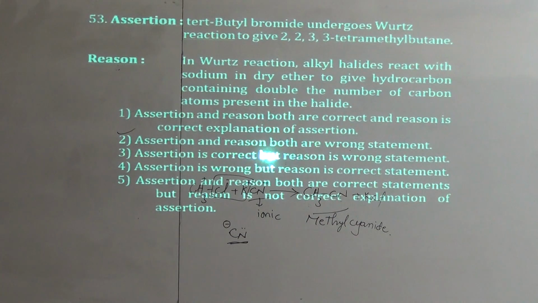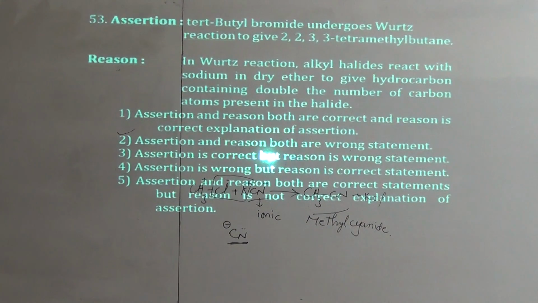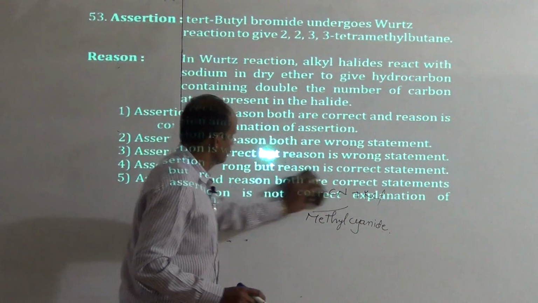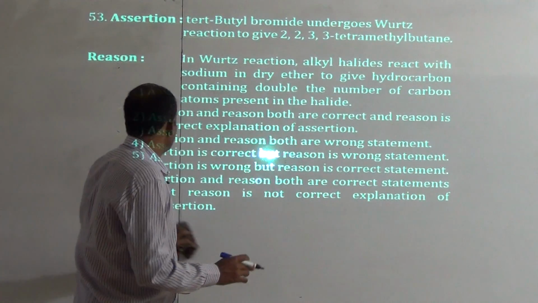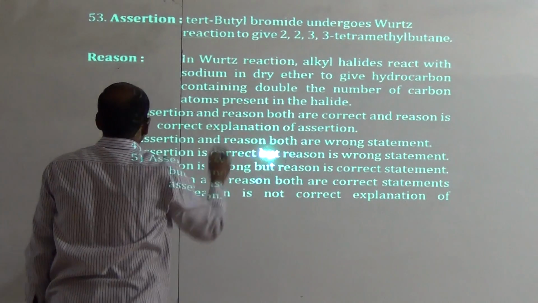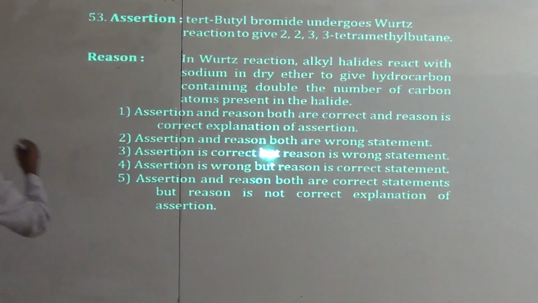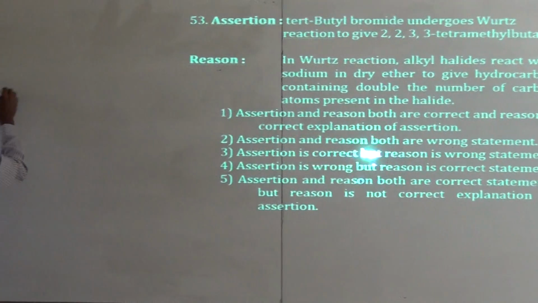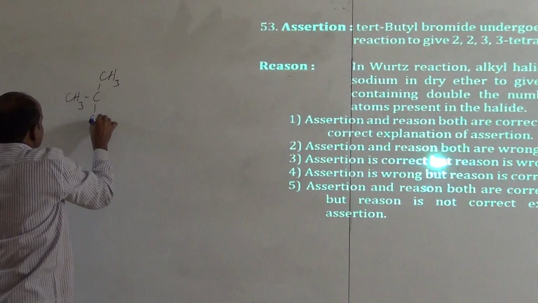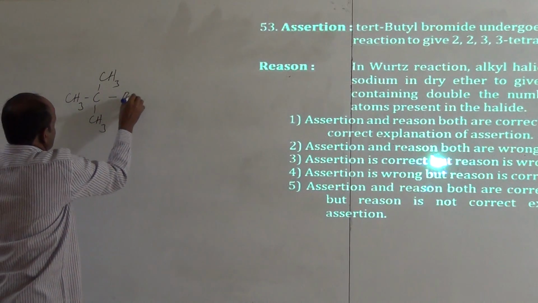Assertion: tertiary butyl bromide undergoes Wurtz reaction to give 2,2,3,3-tetramethylbutane. What have they given here? Wurtz reaction. Take tertiary butyl bromide, (CH3)3CBr.